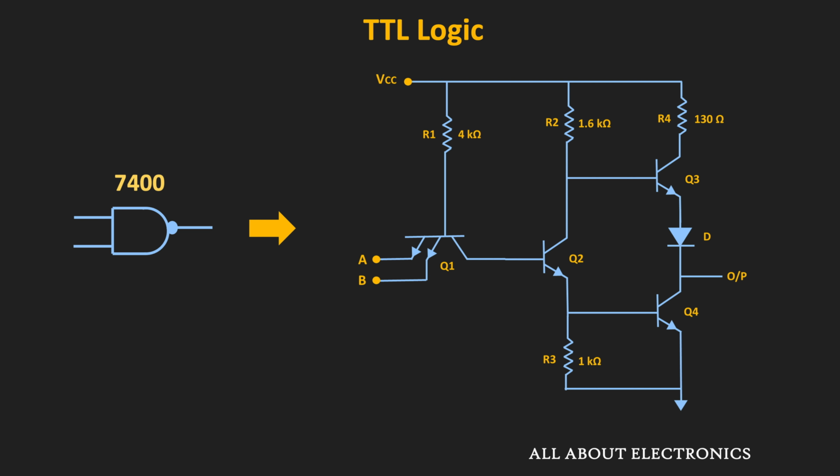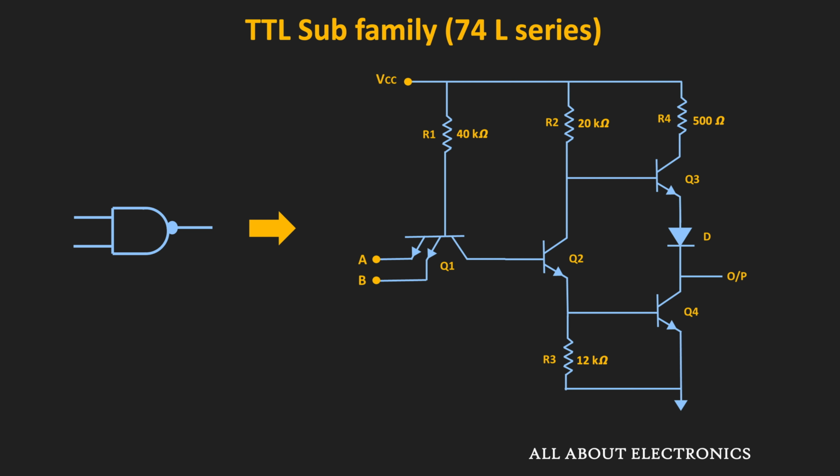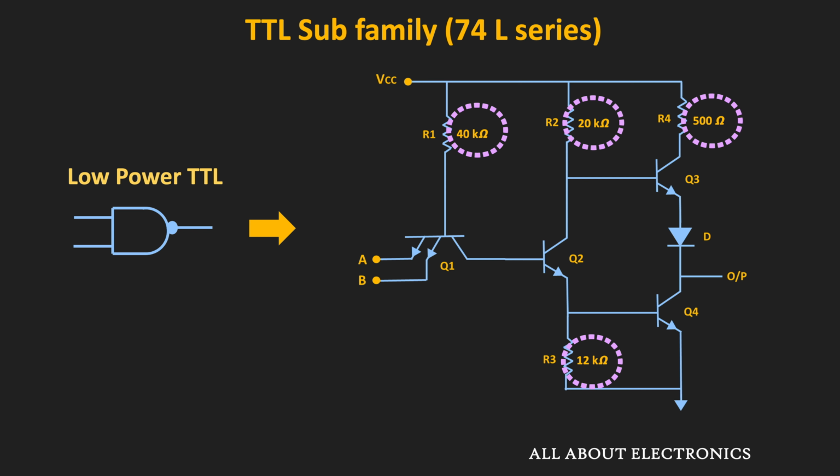The first two series that came after the standard 74 series were the 74L and the 74H. The 74L series is the low power TTL logic. Design wise, it is the same as the standard TTL logic, but here the resistor values were increased. Because of the increase in the resistor values, the current drawn by the circuit reduces, and because of that, the power consumption of the logic gate also reduces.